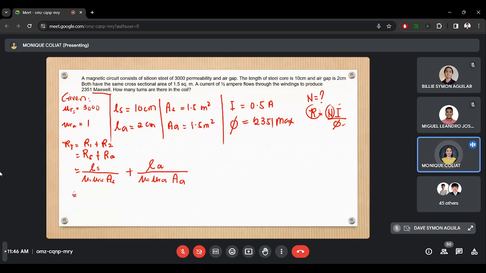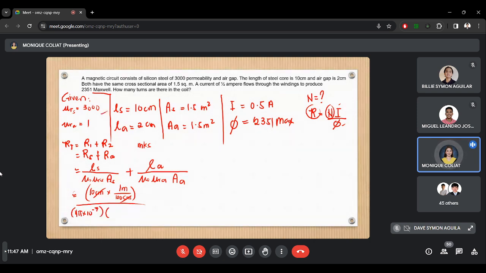So what is our length of steel? Again, MKS is easy, so let's use MKS. Since the area is already in square meters, we only need to convert the lengths. 10 centimeters times 1 meter over 100 centimeters, cancel cm. Divided by mu O in MKS, which is 4 pi times 10 raised to negative 7.